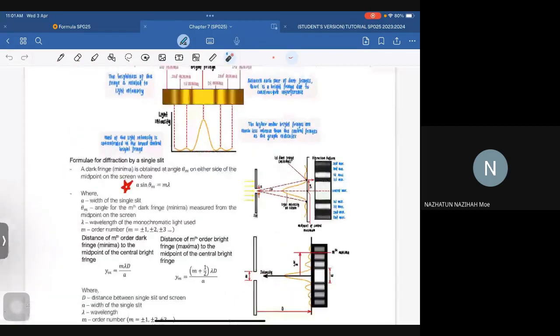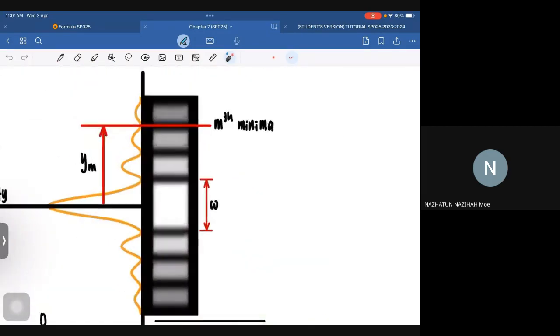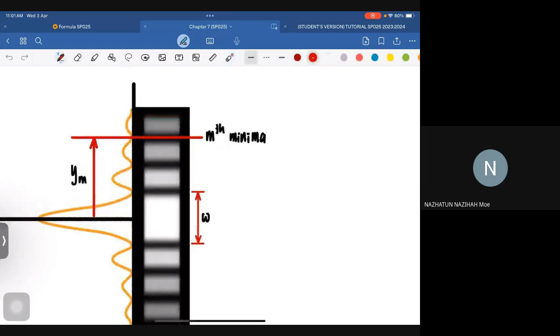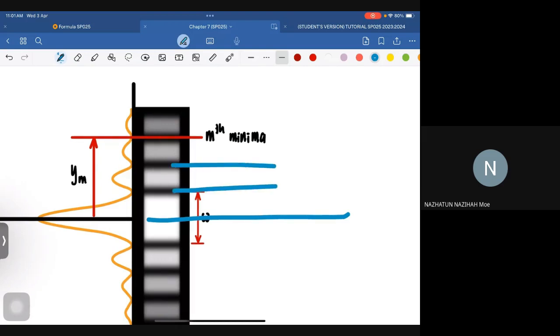Okay, so ini satu, ini central. Besar. Ini central. So ini first, second, third. First, second, third. Kan, dia cakap third dark kan.